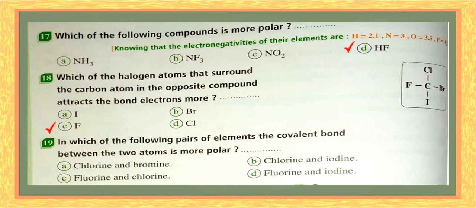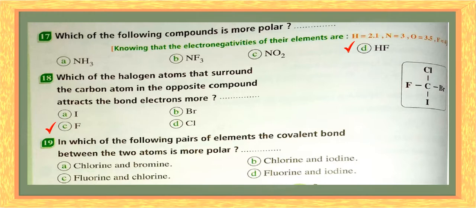In the halogen group, fluorine is the highest in electronegativity, as it has the smallest atomic size and its electrons are nearer to the nucleus, so the bond is attracted to it. It will be fluorine.